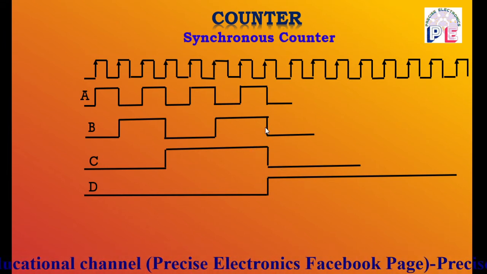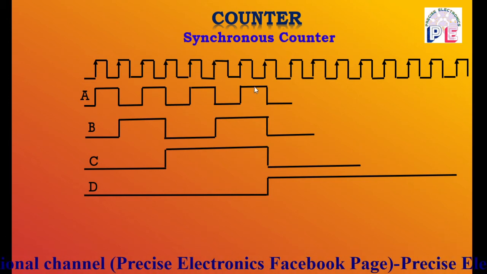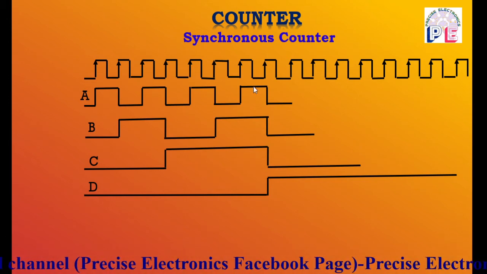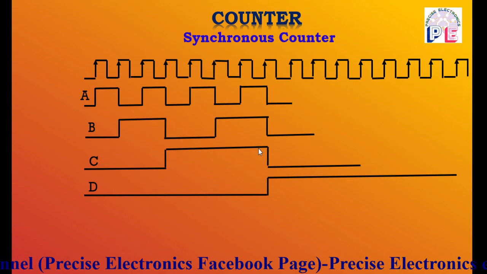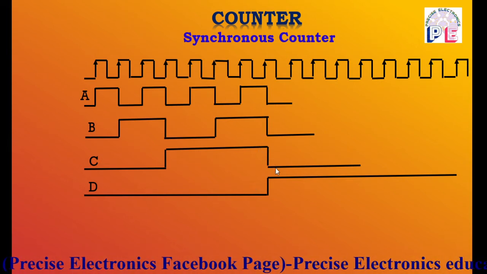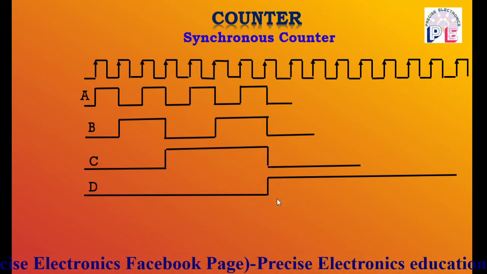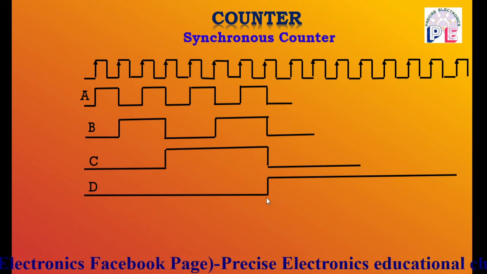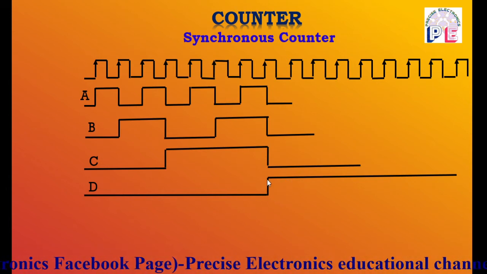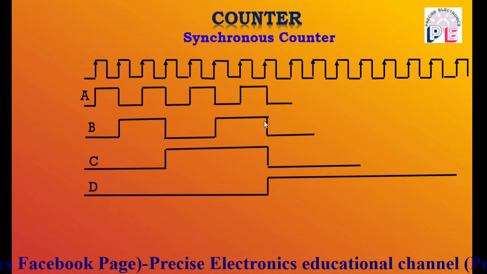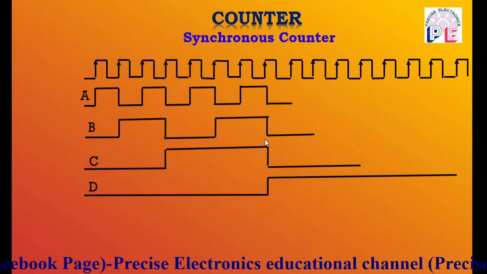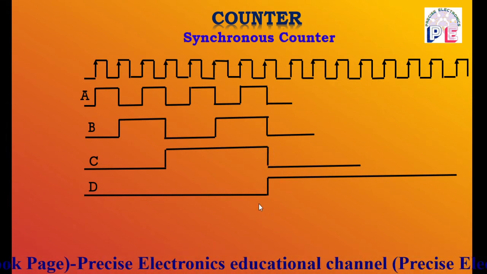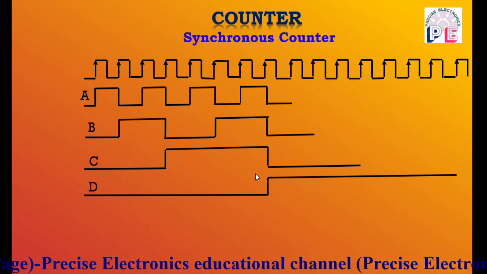Before applying this clock pulse, the outputs of all three flip-flops are high. Therefore, the fourth flip-flop, that is the D flip-flop, is in toggle mode. Hence, the transition of state occurs. That is, A changes from 1 to 0, B changes from 1 to 0, C changes from 1 to 0, but D changes from 0 to 1.